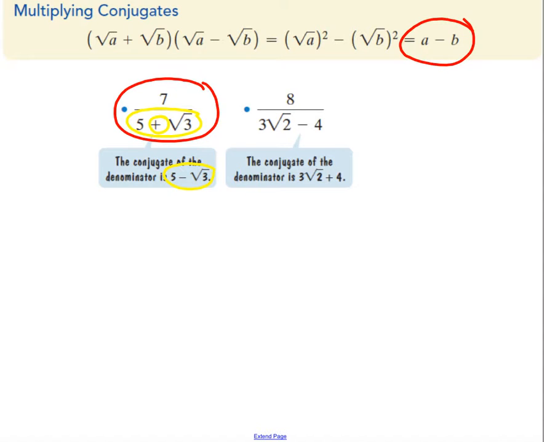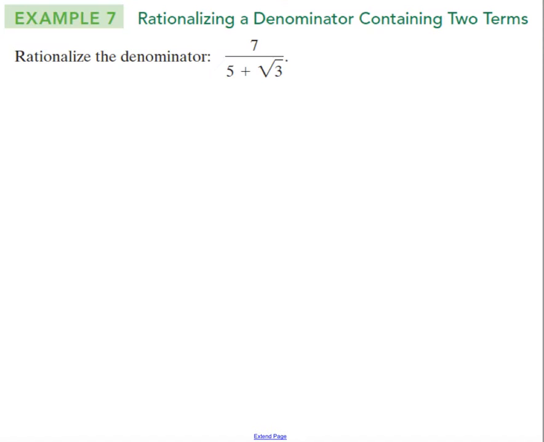All right, second example. Here's an expression. We look at the denominator, and we're looking at the conjugate. The conjugate is going to be 3 square roots of 2 plus 4. All right, how does this help us? We've spent some time already dealing with rationalizing denominators of a single root.